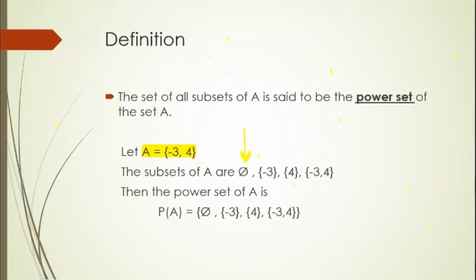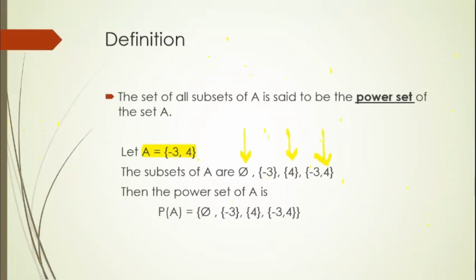It was mentioned that the empty set is a subset of every set, so it's always there. And then the first element, the second element, and then the combination of the two elements.